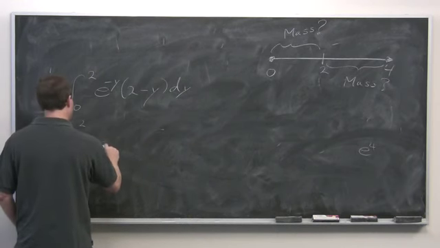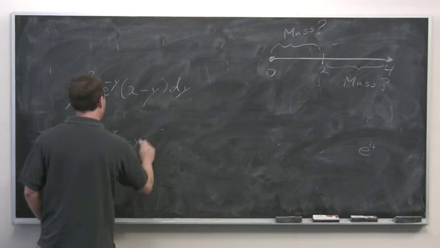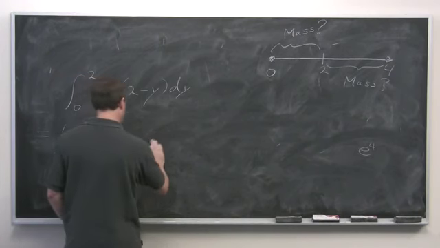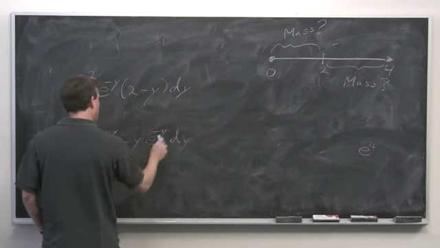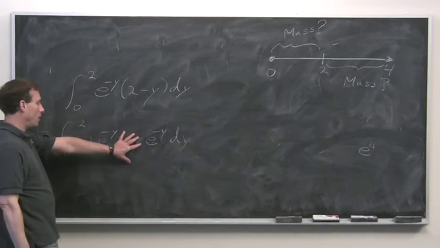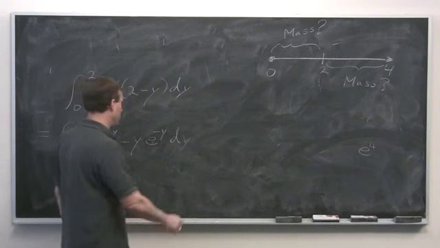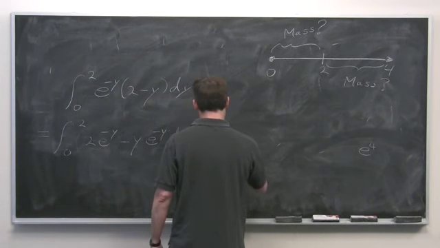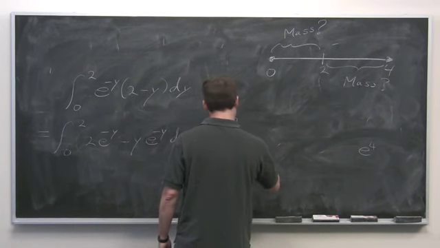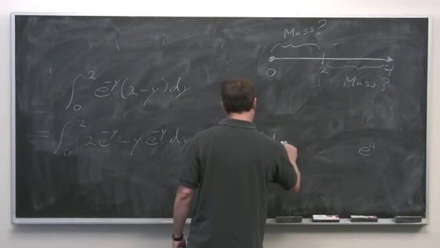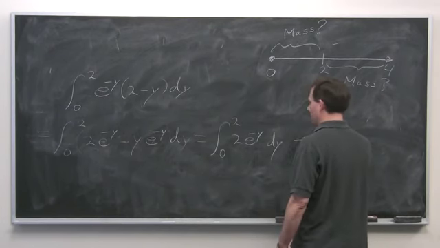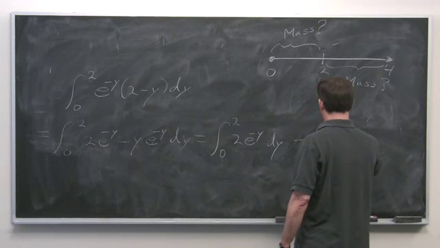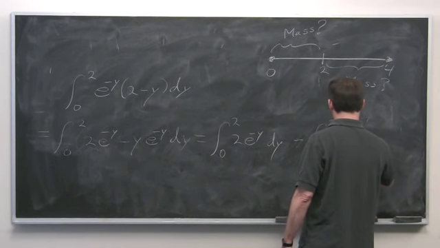You get 2e to the minus y minus y e to the minus y dy. You can split this integral up. You know how to anti-differentiate that part. So you could split this integral into these two pieces. This first part is simple. In fact, we've just done it a couple of times. But it's the second part that might look bad.